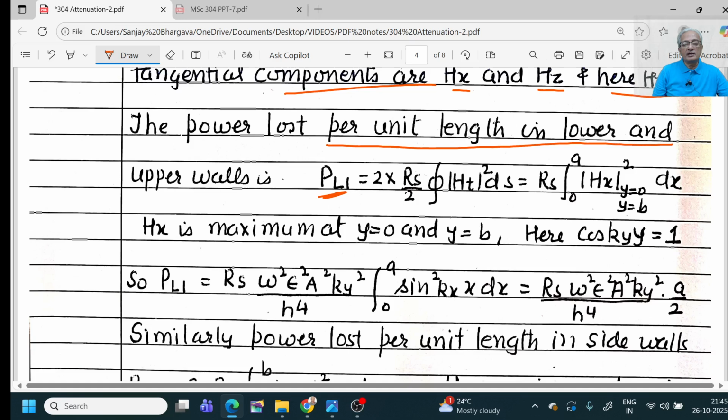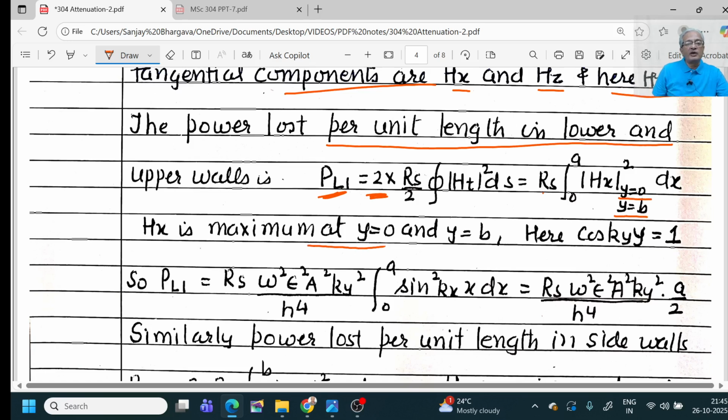So there is one upper wall and the other is the lower wall, both lying in the xz plane. So finally we have a multiplication by the factor 2 because there are two walls, the lower and the upper, into Rs by 2 surface integration |Ht|square ds, that would be equal to Rs |Hx| square at y is equal to 0 and y is equal to b dx.